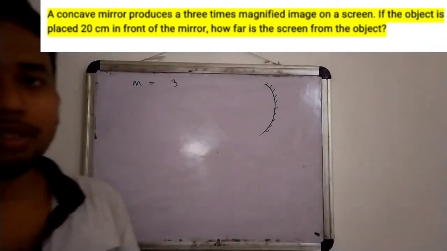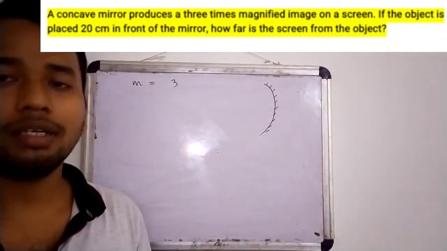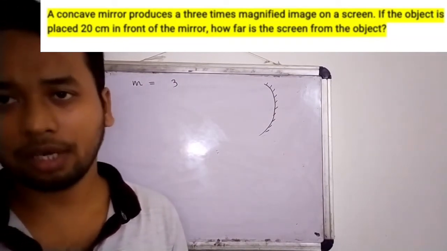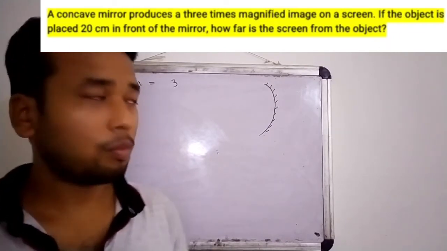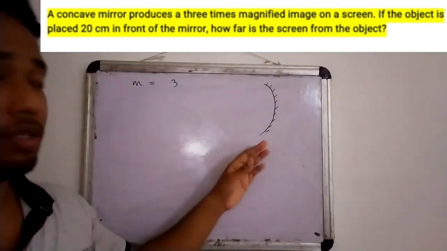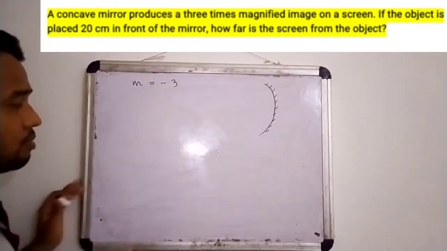In the question it is given that this mirror forms a 3 times magnified image. Whether it is positive or negative is not indicated in the question. But it is mentioned that it is a concave mirror. So since it is a concave mirror, the magnification will be negative.